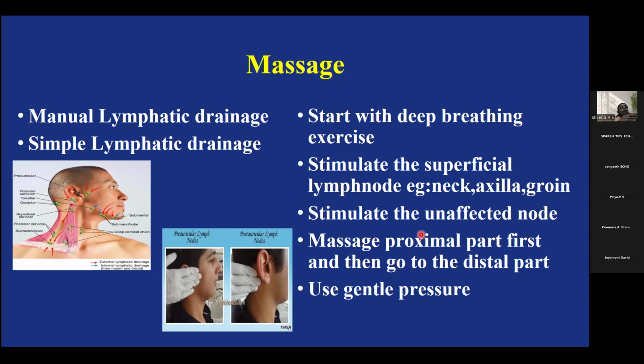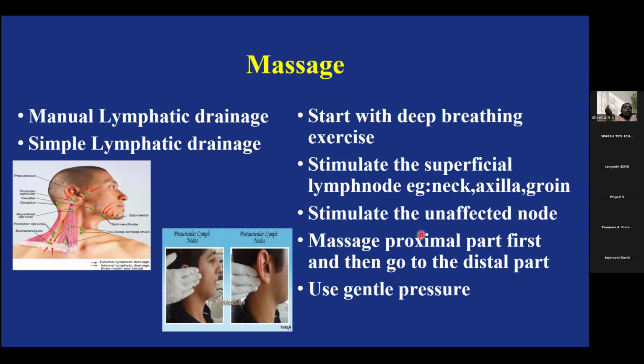If you start massage from the distal part, the pressure will be lost in the upper part, and there is a chance of pooling of lymphatic fluid in the proximal areas. That is why we suggest that you clear the proximal area first, and then go to the distal area. If there are trained professionals, you can do the massage for the affected area also, because here we need only gentle pressure.